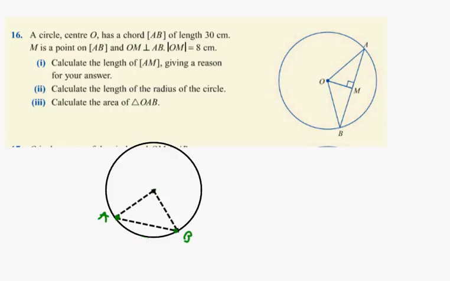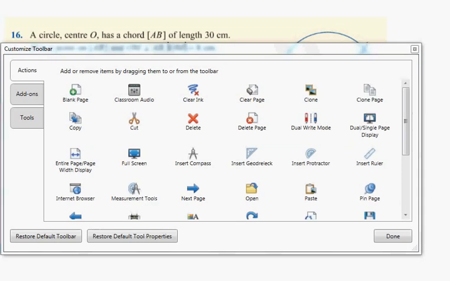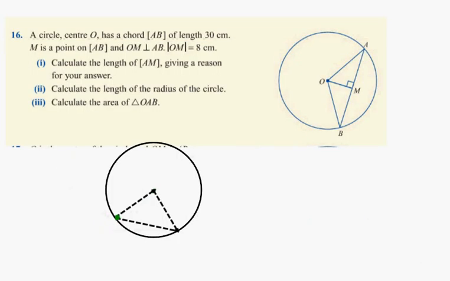If you draw a chord A to B, like so, and you get the midpoint of AB, then draw a line that goes through the midpoint of AB but is perpendicular to AB, it's guaranteed to go through the centre of the circle.